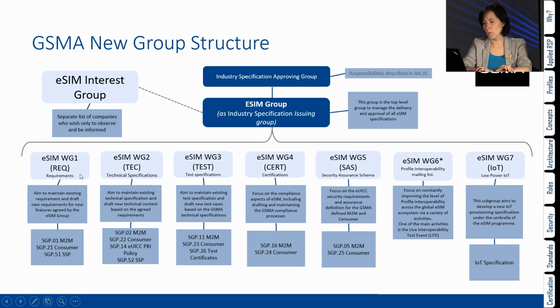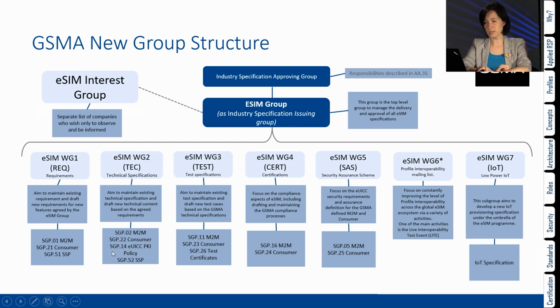Working group 1 produces the specifications SGP.01 for M2M, SGP.21 for consumer, and even the SSP specification, which is not relevant for the current topic, as SGP.51. In working group 2, the responsibilities are for SGP.02 and SGP.22 for the consumer devices.